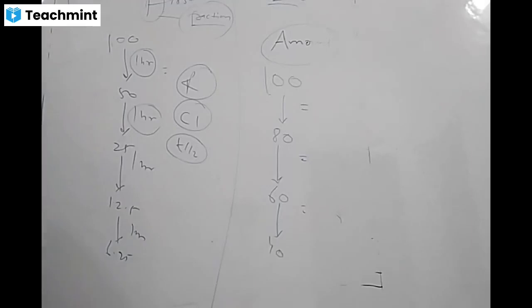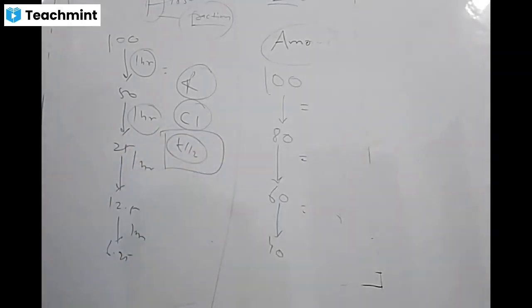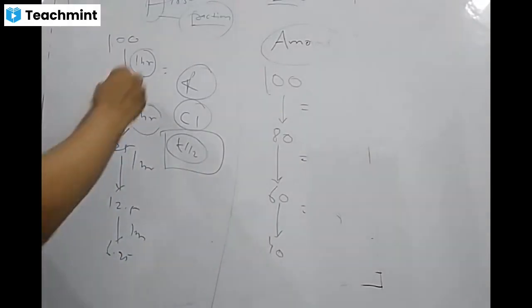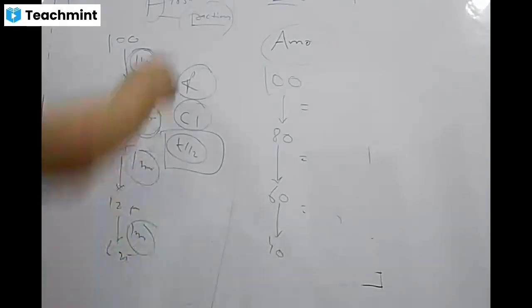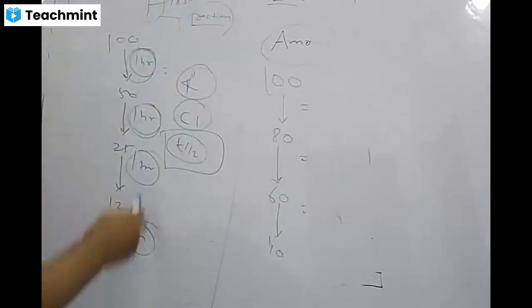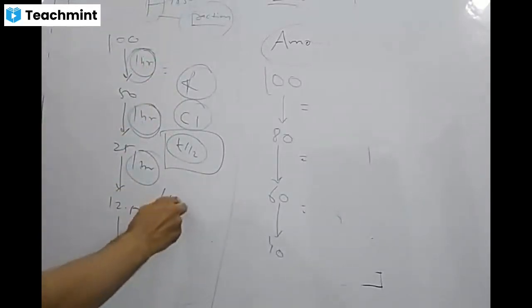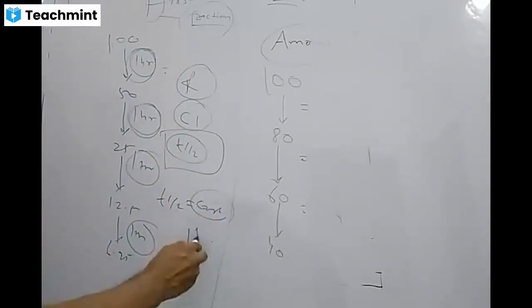So first we will look at the T half. It's very simple. Half-life every time is 1 hour, which means 50% eliminated every time. So for first order, half-life is constant, that is 1 hour.